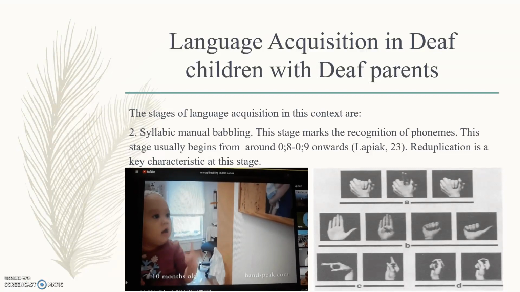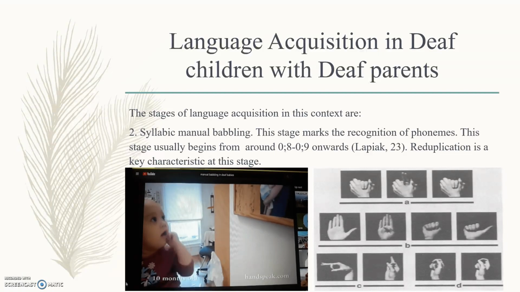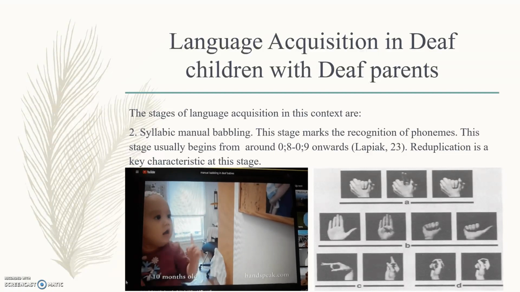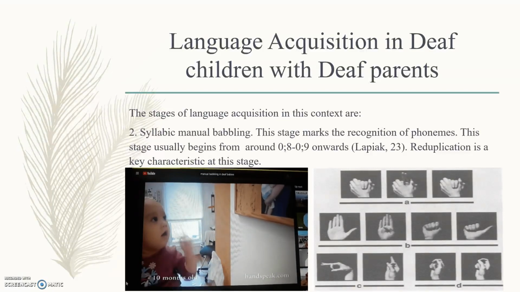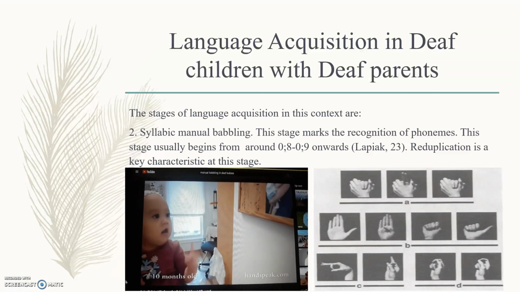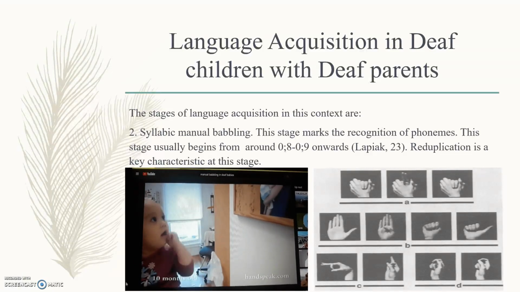So kids are not only recognizing certain phonemes, but they start an active process of trying to articulate these by means of usually reduplication. And according to Lapiak again, this usually happens between the 8 to 9 month phase in children that are learning sign language, and then onwards.